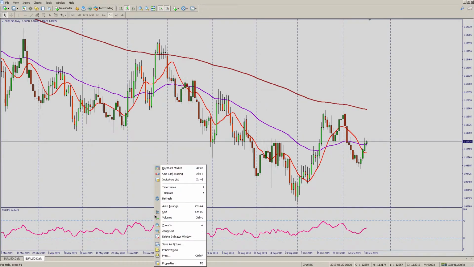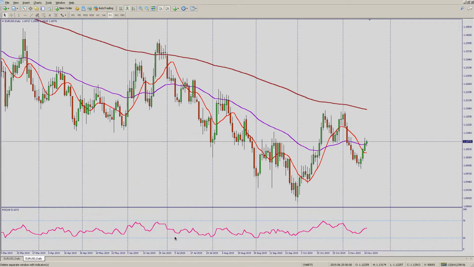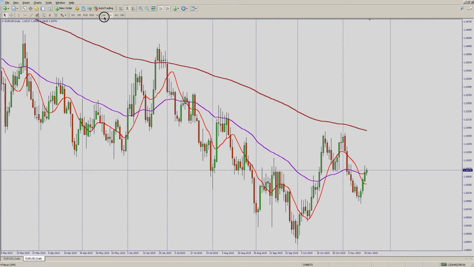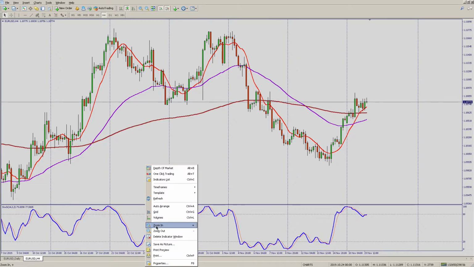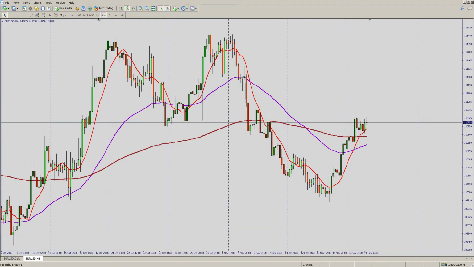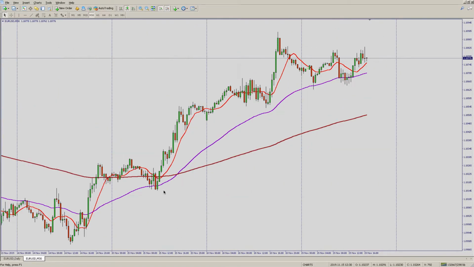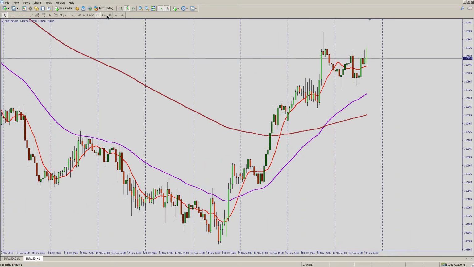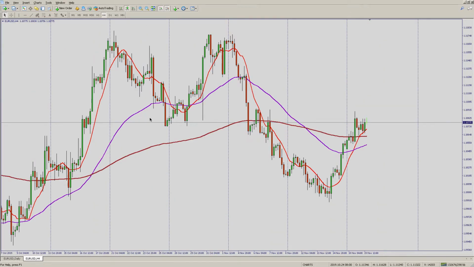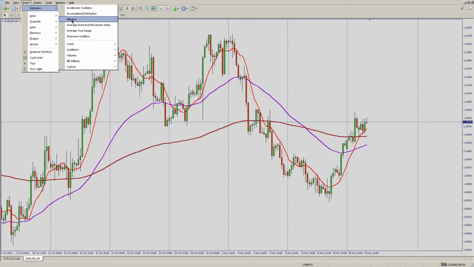All right. So one other indicator that I would like to share with you is the Ichimoku, and also one of the options on the properties on the overlay that I highlighted earlier as well.